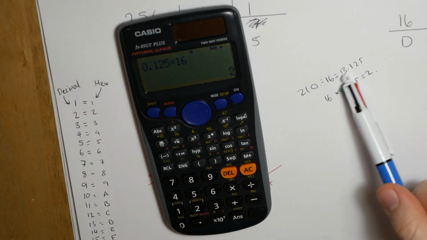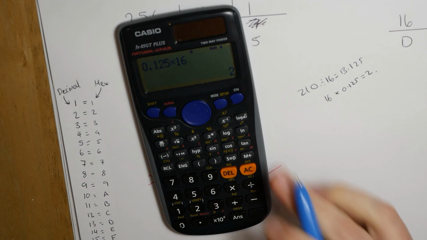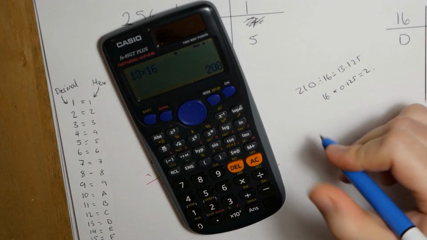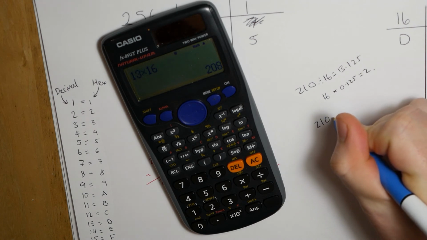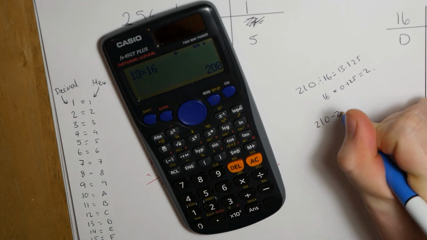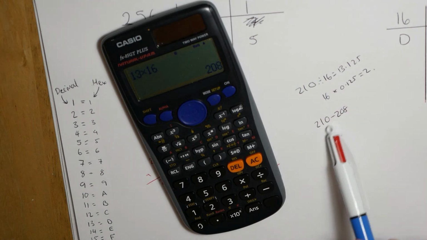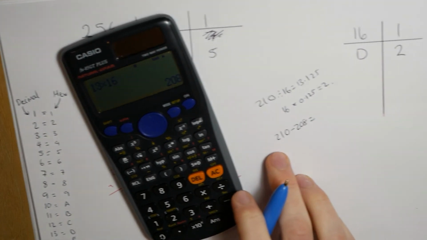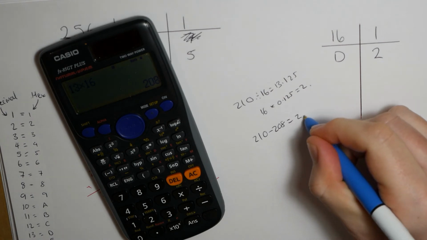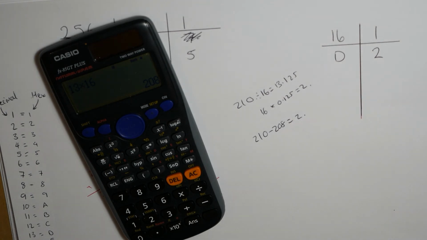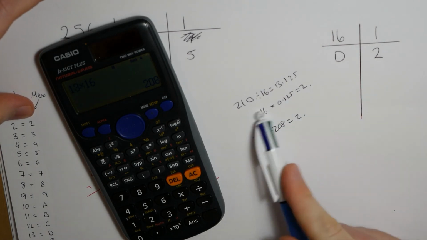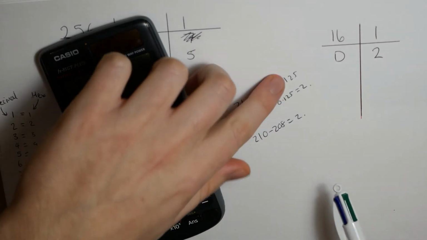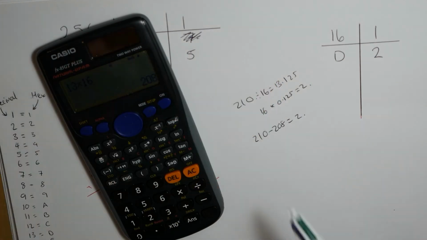If you've got that whole number, you could take the 13 times 16, which is 208, away from the original 210, and then work out the remainder, which is 2, and pop that in. But if you have a calculator to hand, I'd recommend you just times the remainder, the 0.125, by 16.